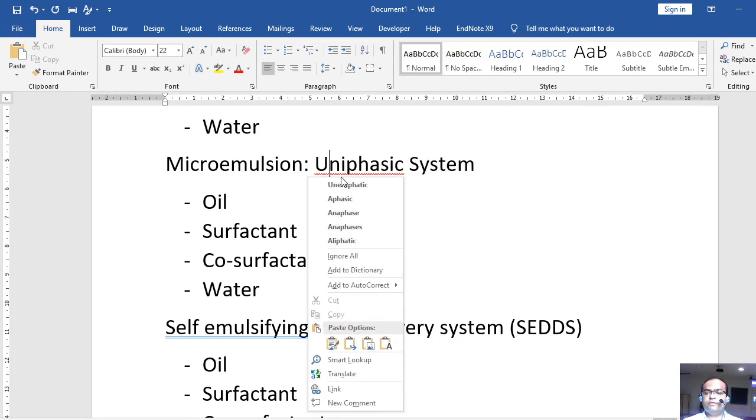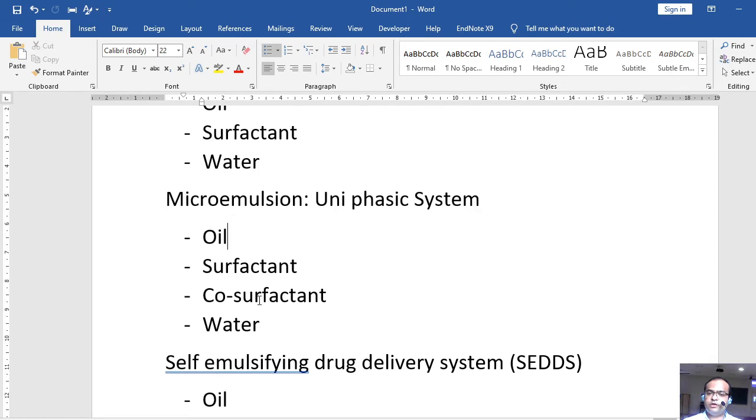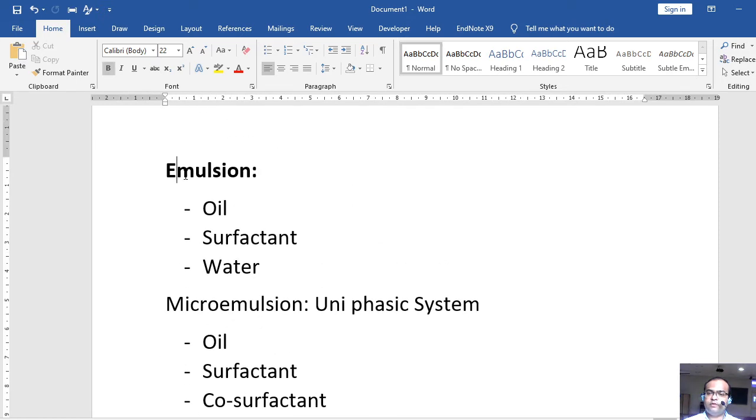So when we say uniphasic, it means that though it contains oil and water as its components, the composition of all four is such that everything gets mixed with each other and creates one transparent system, which generally you cannot find in the case of emulsion, right?